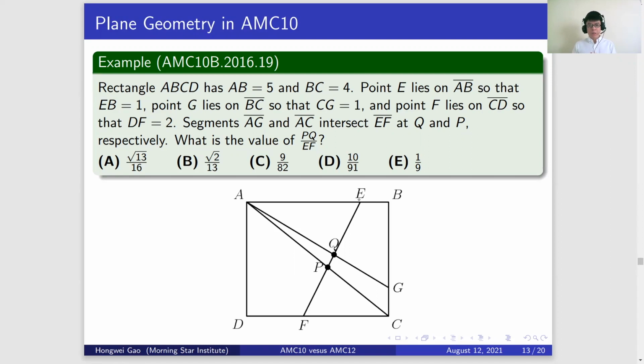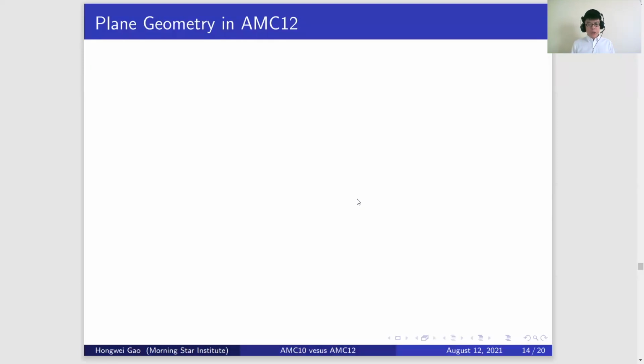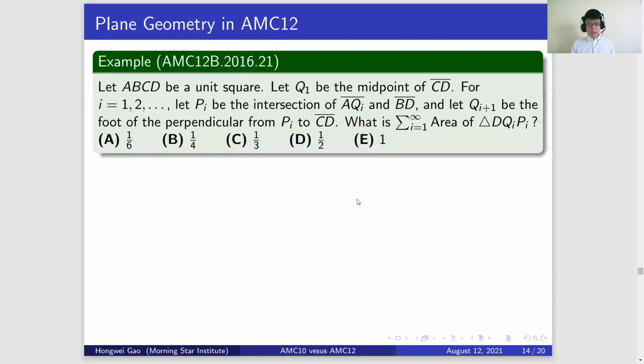There are different approaches to this question, but the essential idea is to use similar triangles and their common ratios based on some algebra. As a contrast, we shall see another problem from AMC12. Here, we have a square with diagonal BD connected.